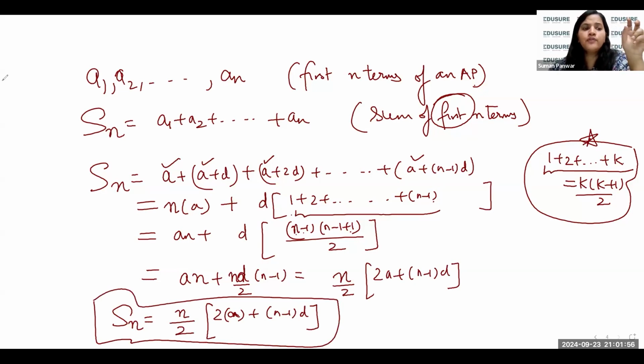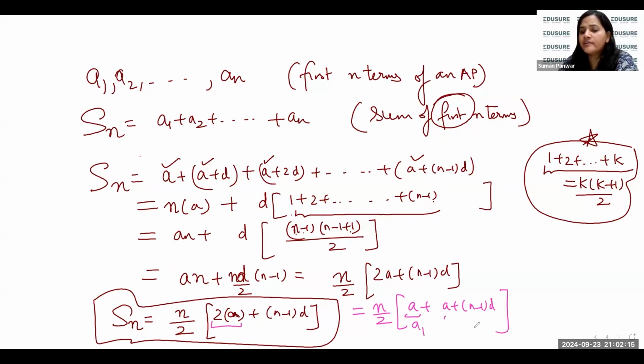Also, you can observe that this is nothing but n by 2 times a plus a plus n minus 1 d. I have split the 2a as a plus a. So this is your first term and this is your nth term.